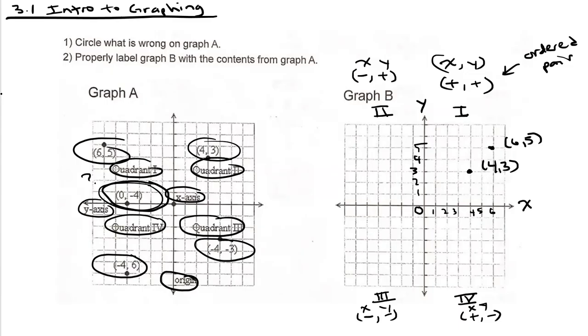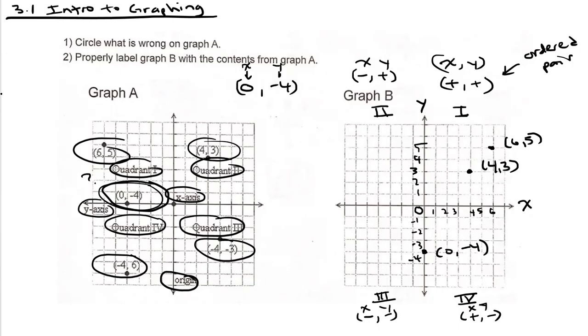So 0, -4. So if we have 0, -4, this is our x coordinate, and then this is our y coordinate. The x coordinate is the one going left to right. So 0, so we stay at the origin, and then the y says, that's where it goes up and down. And it says we need to go down -4. So -1, -2, -3, -4. So 0, -4 is right here.